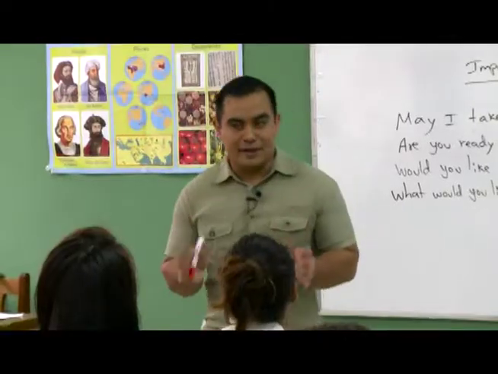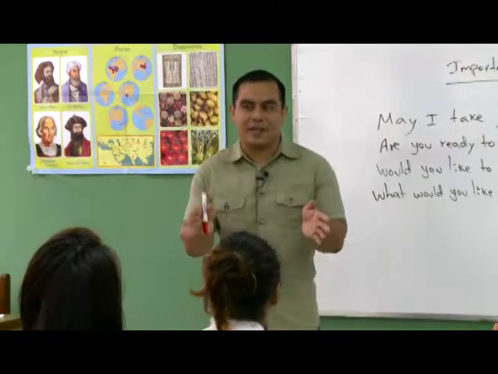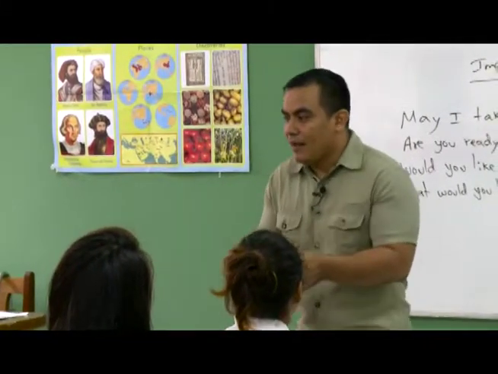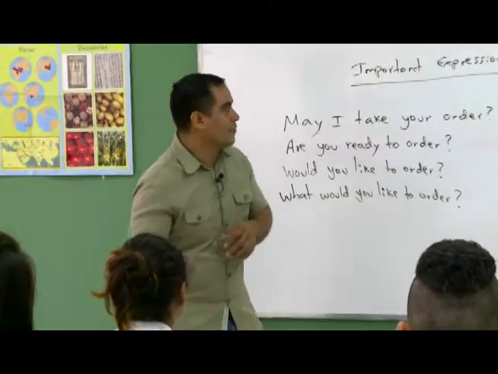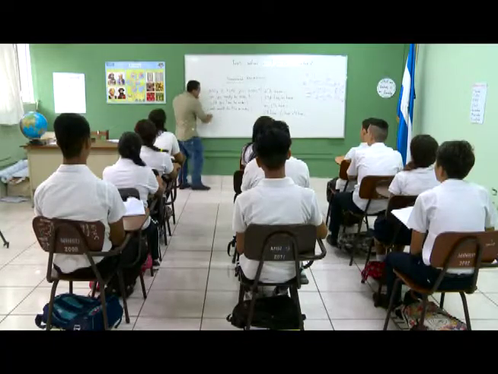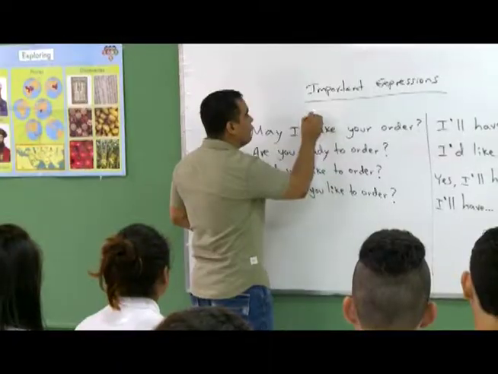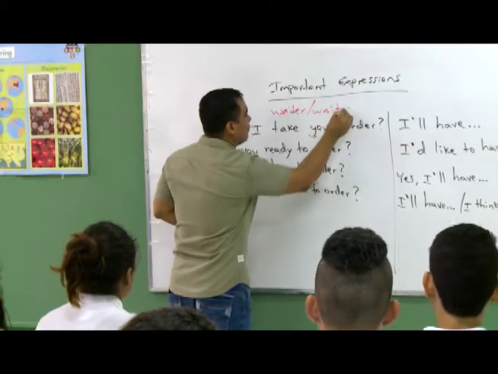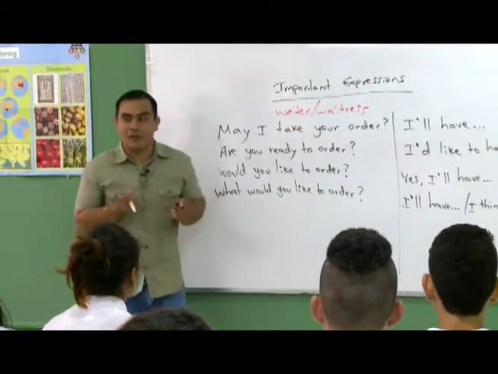Well, now that you finished writing the dialogue, let's practice the pronunciation because later on we will be practicing a big dialogue. So we need to practice some expressions first. Okay, important expressions. On this side, the person that is talking is called waiter or waitress. Waiter is a man and waitress is a woman.